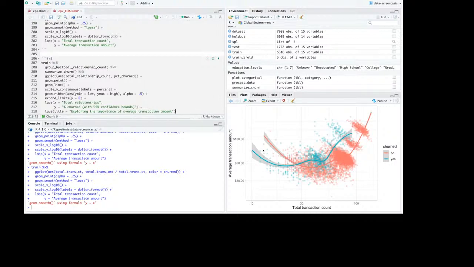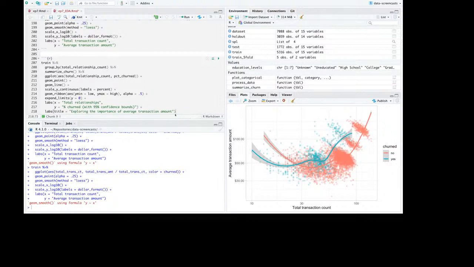It's funny: people that churned have lower transaction counts but higher average transaction amounts, and at high transaction counts, churners can have higher transaction amounts.